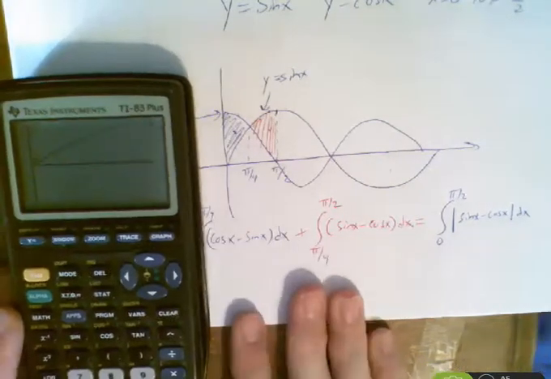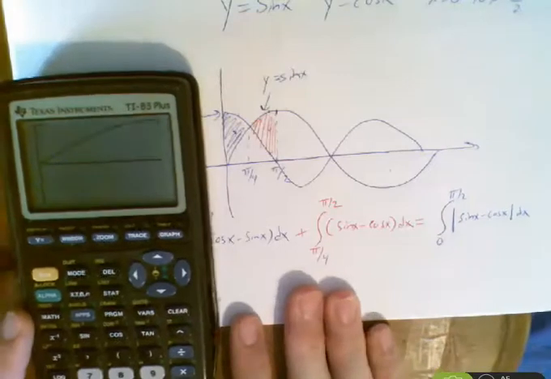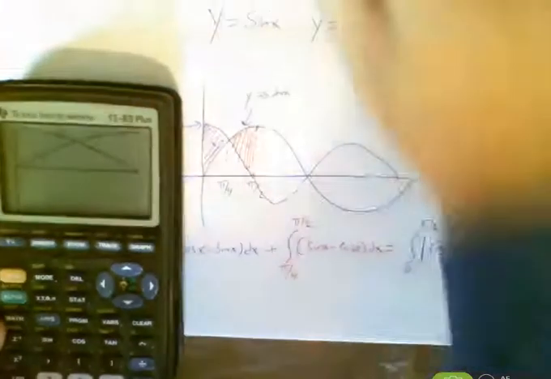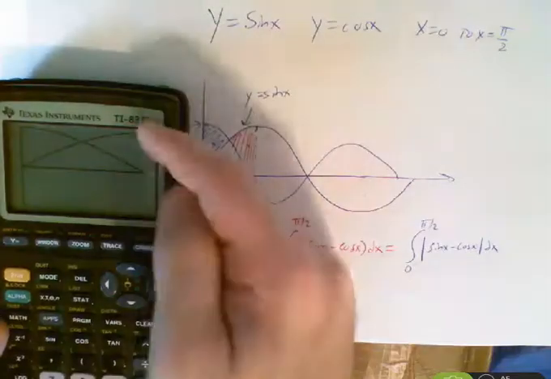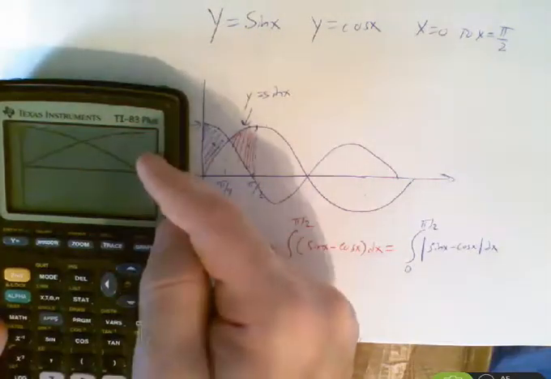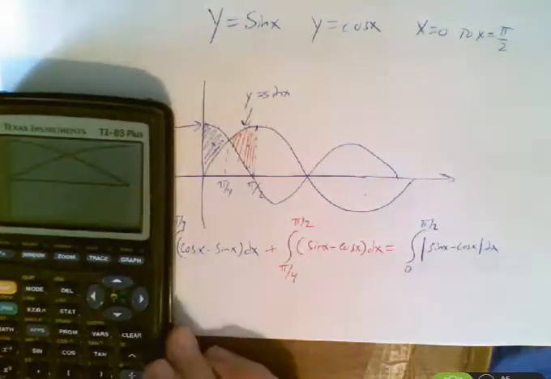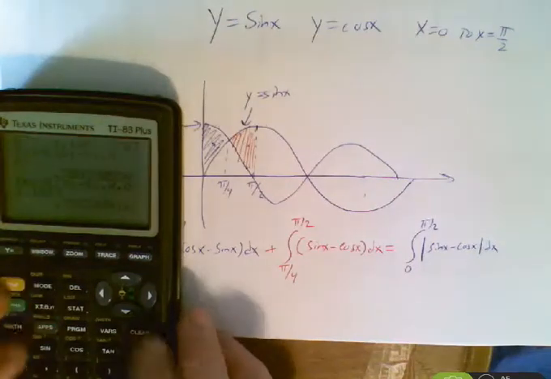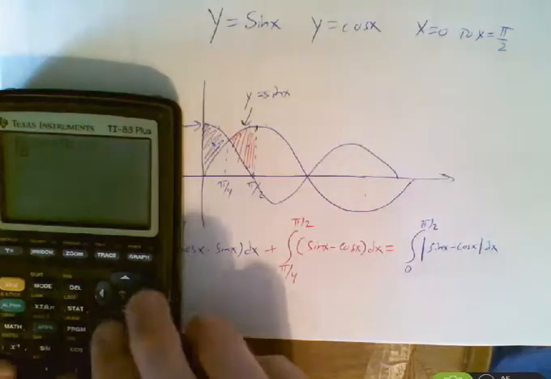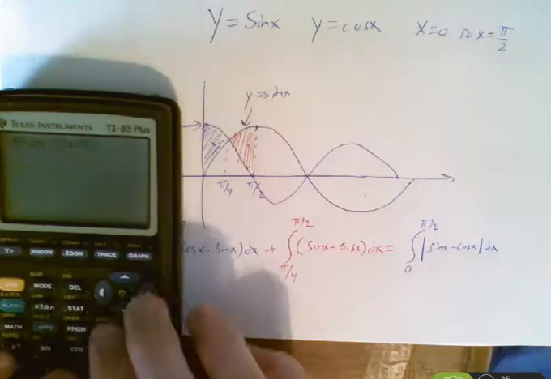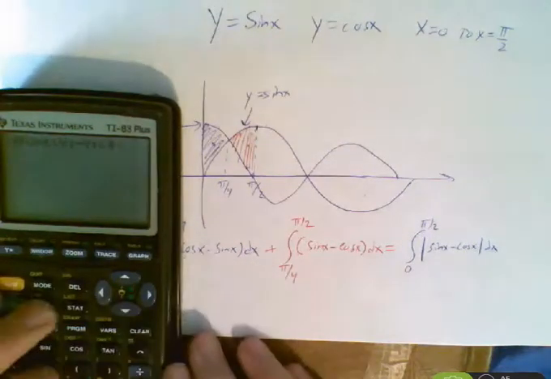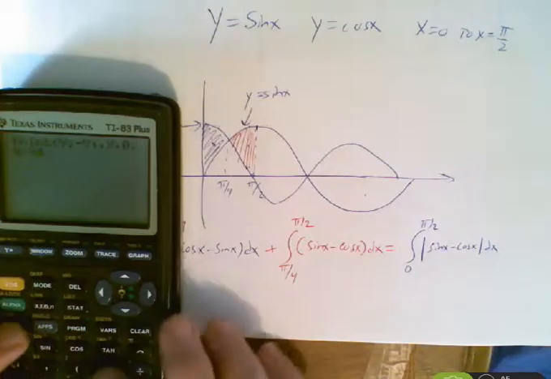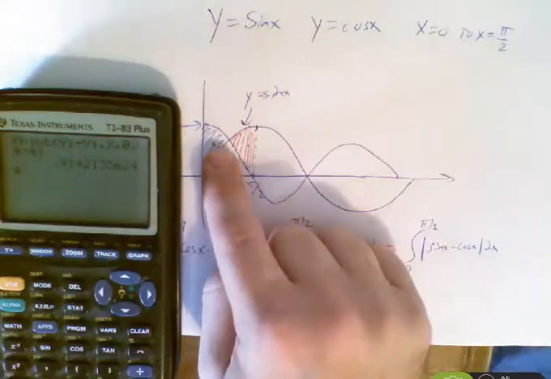There. See that okay? All right, so there's no vertical line here, but that's where x equals pi over 2. So if I do, which one is cosine? That's the second one, right? So I'm going to do math 9, y2 minus y1, comma x, comma 0, comma pi over 4. That's going to be the blue region, right?